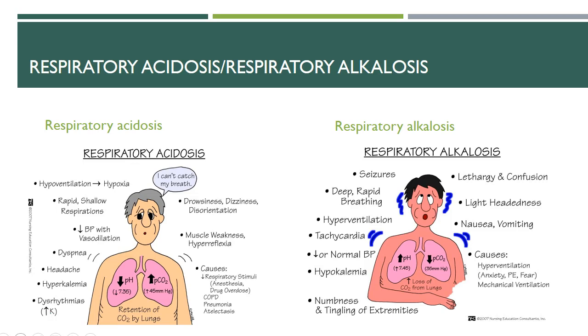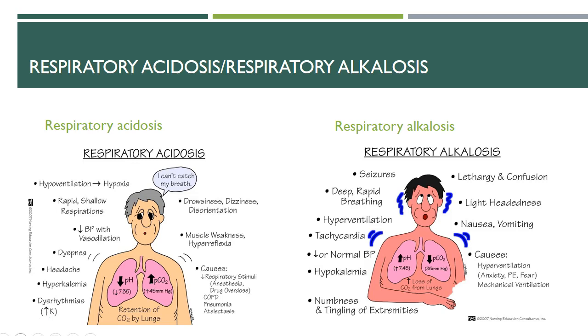So respiratory alkalosis, we're going to have a high pH and a low CO2, and then our bicarb is normal or low. Causes of respiratory alkalosis: hyperventilation, so extreme anxiety, the early phase of salicylate toxicity, a high fever, and then ventilator settings that are poor.